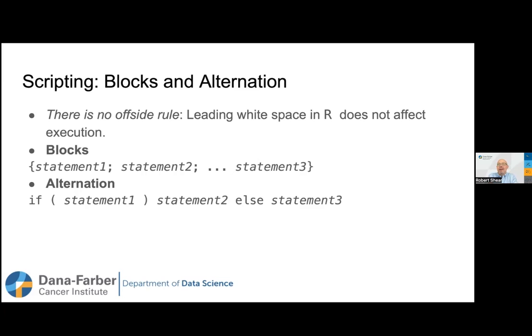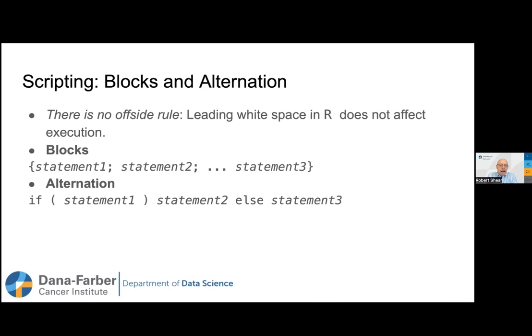If you have one tab and the next line has 4 spaces, you don't get an error, it doesn't appear to be a new block. It's blocks like in C and in Java and many other languages that existed before the offside rule became popular.